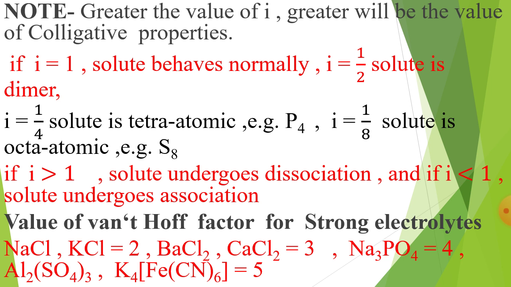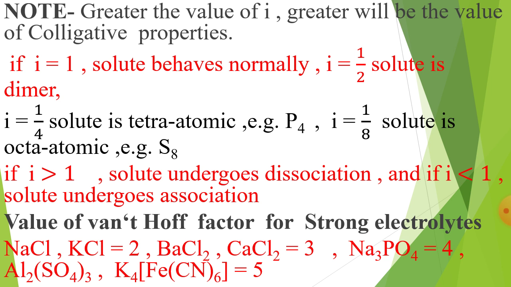If i equals 1, the solute behaves normally, that is, the solution is ideal. If i equals 1 by 2, the solute is a dimer. If i equals 1 by 4, the solute is tetraatomic, for example P4. If i equals 1 by 8, the solute is octatomic, example S8.